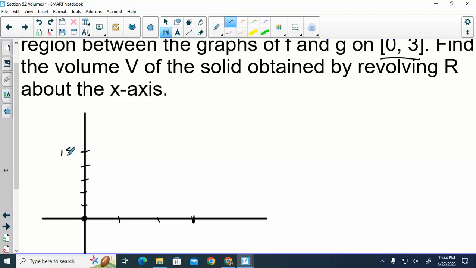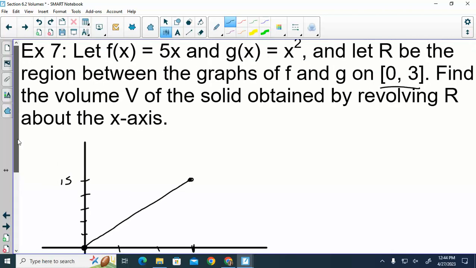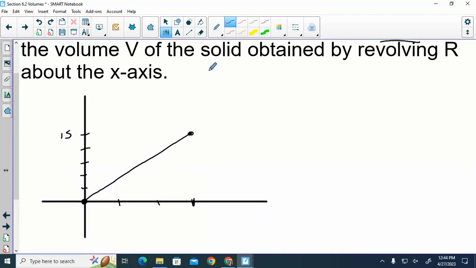I'm going to count by 3s. Alright, so there's my line on that interval. And then g of x equals x squared. So 0 squared is 0. 3 squared is 9. 2 squared is 4. 1 squared is 1. So they don't actually meet at the end, but that's where I'm stopping it.